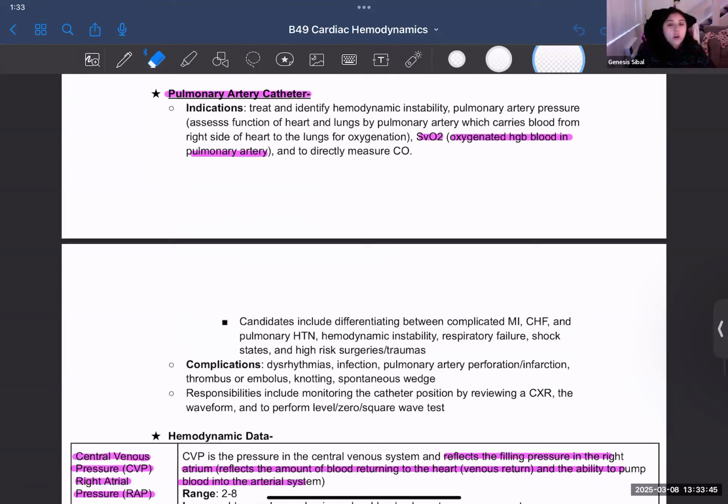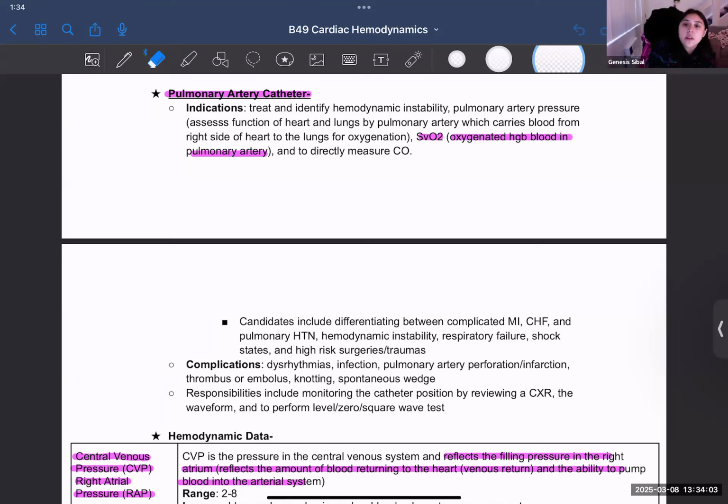So pulmonary artery catheters are another one that we have. That also helps to treat and identify hemodynamic instability. The big thing with this is that we're looking at your pulmonary arteries, right? So basically assessing the function of the heart in correspondence to the lungs by the pulmonary arteries.